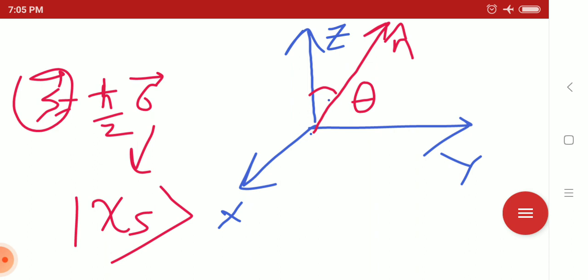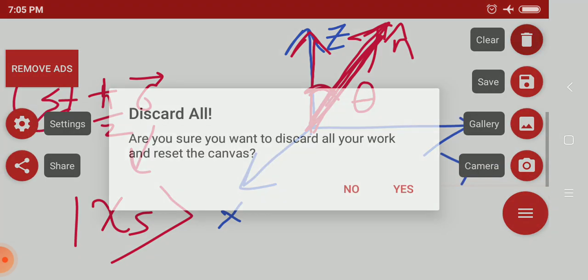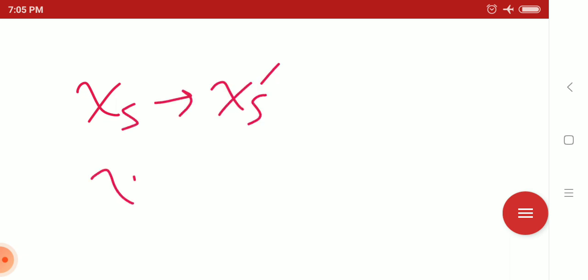Now if we want to rotate this eigenvector about an angle theta, then we have to operate with a unitary matrix. We have to operate to rotate chi s to another eigenvector chi s prime. We need a unitary operator.